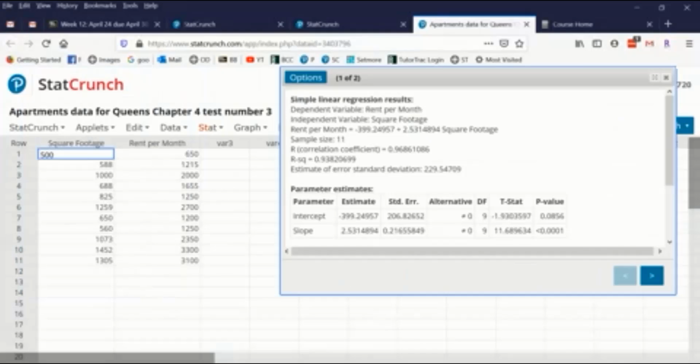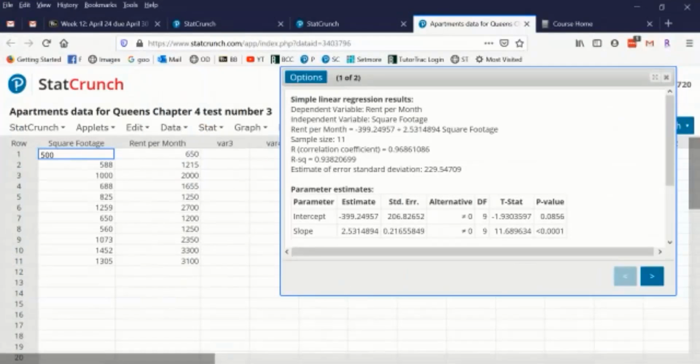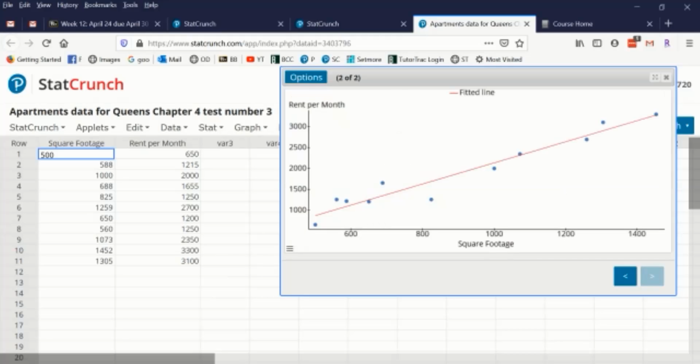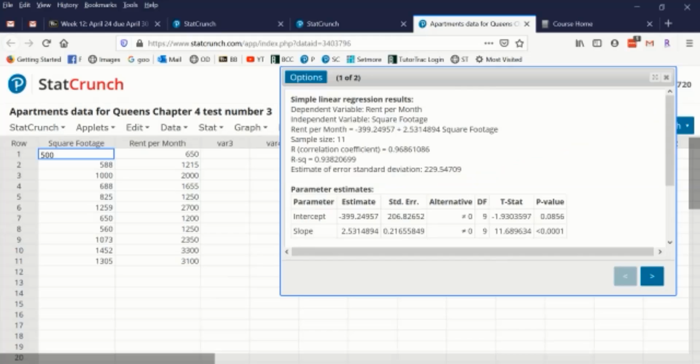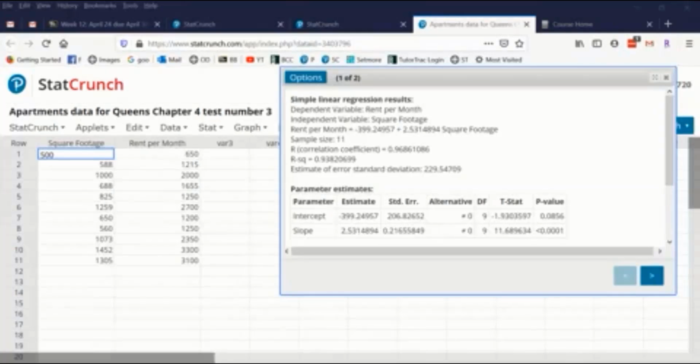Any questions? And for C and D, do you use the graph that you're going to give us? For C and D, let me look at it. So for C and D, it comes right off of StatCrunch. So the graph is here from StatCrunch. And for C, the equation is right from here. This is the equation right here.